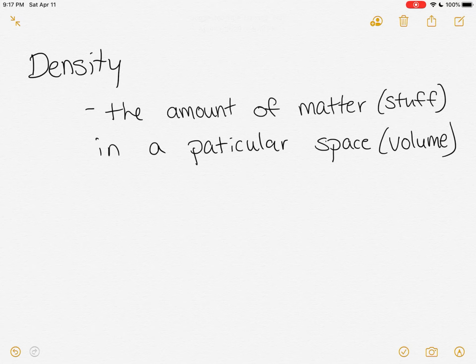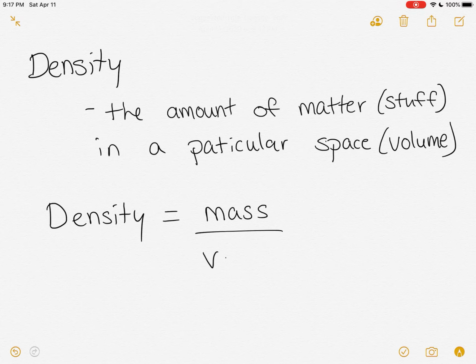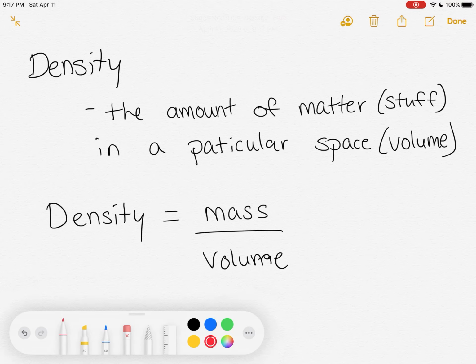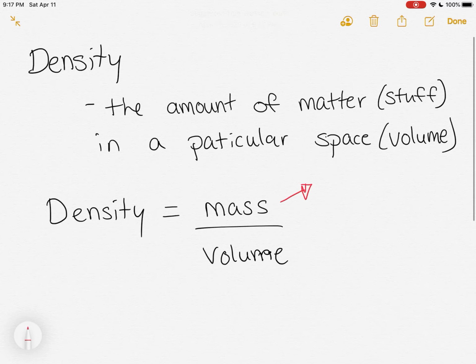Okay, so the formula for density looks like this. Our density is equal to our mass divided by our volume. Our mass is usually measured in grams, and the unit for grams is a little g. Our volume can be measured in a couple of different units.